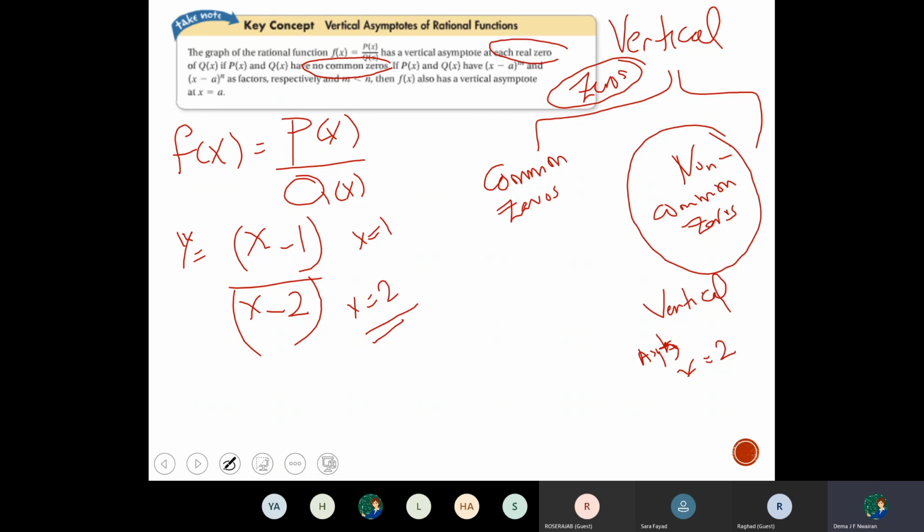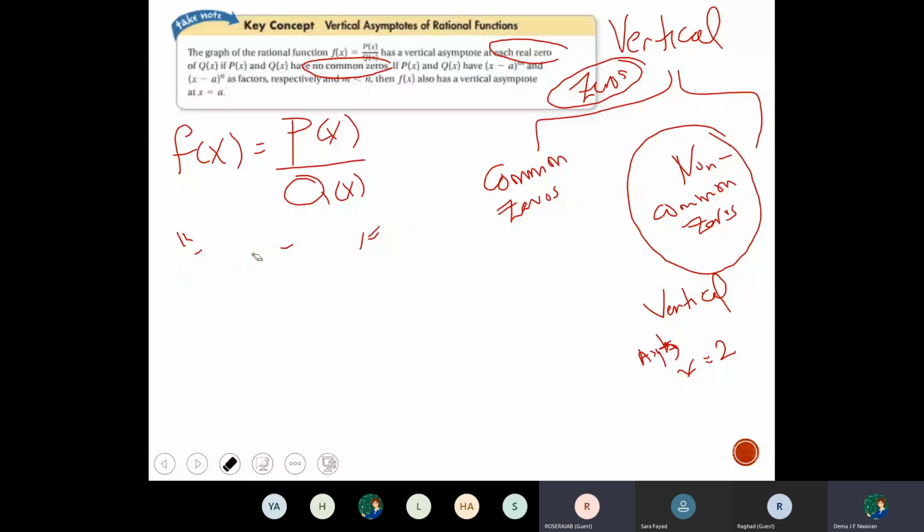If there are no common zeros, that means I will check the real zeros of the denominator, or of q of x. So if you have non-common zeros, you will choose the denominator? Yes, we will use the zeros of the denominator, or of the q of x.